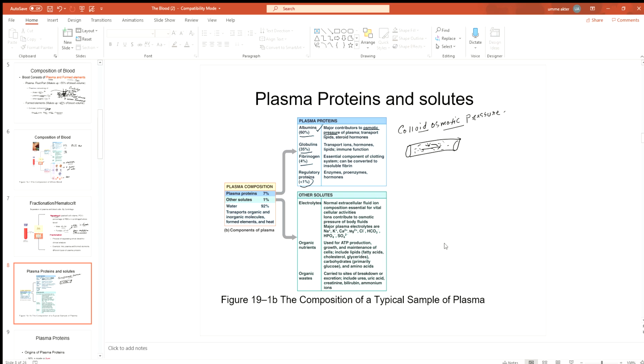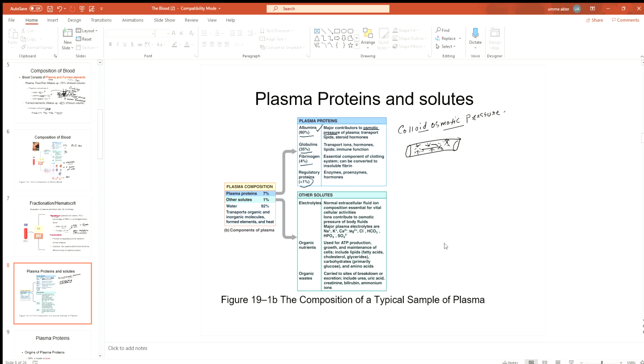That means it pulls the blood towards the center of the blood vessel and prevents outwards pressure. So that is the colloid osmotic pressure, and that helps the blood flow fast, more efficiently through the blood vessels, because the pulling pressure is towards the center. So blood will try to remain and pass through the center of the blood vessel.